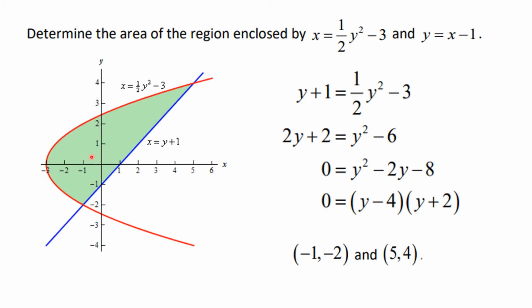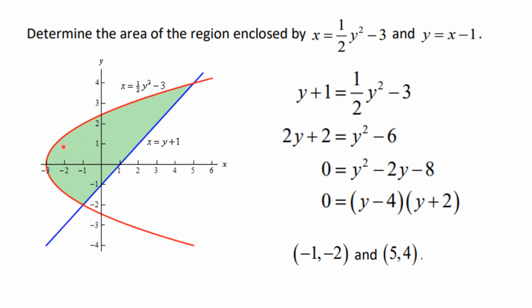There are two ways that we can do this problem, though. If you think about what this green area represents, we could do it as we often have done, as a limit of Riemann sums, so we could be drawing the slices vertically like this, and we would be integrating dx.